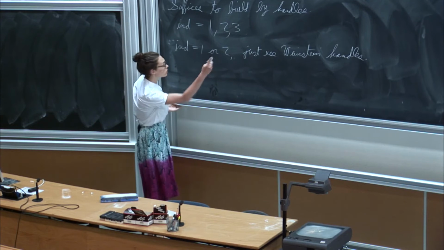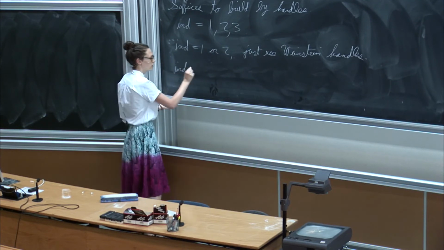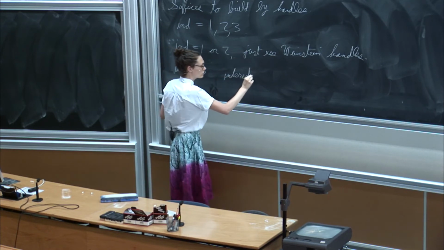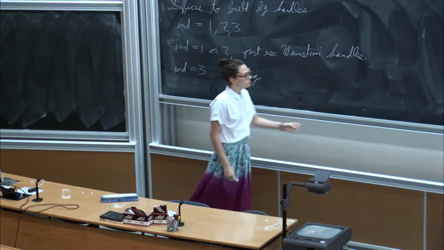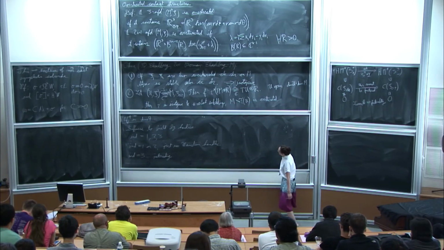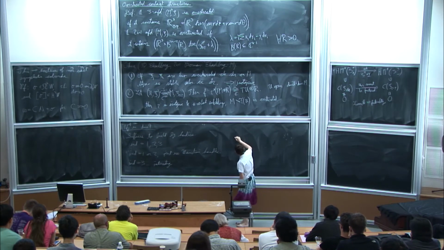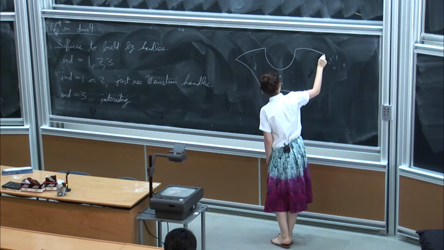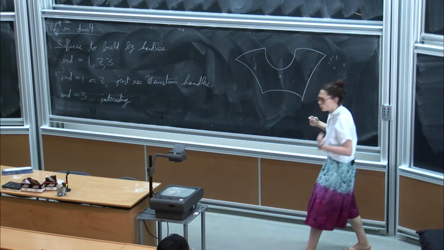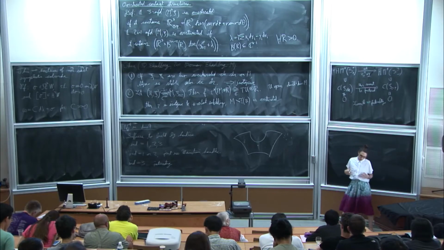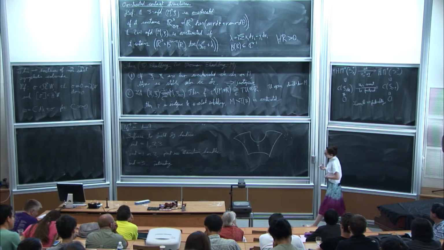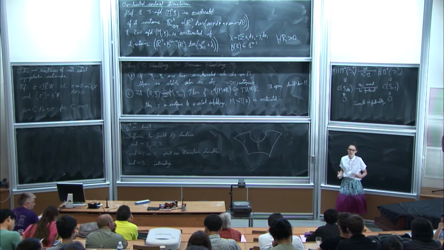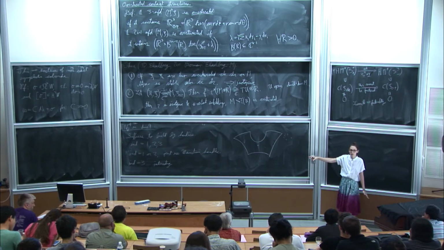So now if index equals 3, this is kind of the interesting part. So my strategy then is I want to take this model smooth index 3 handle and I want to cut it apart in such a way as to make large pieces of it have a half-dimensional homotopy type.